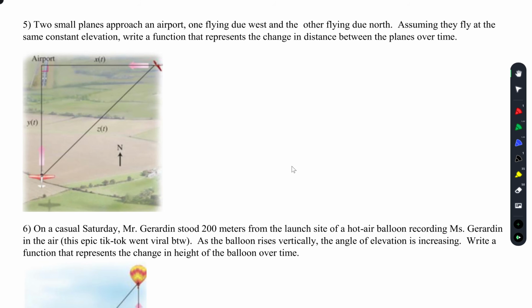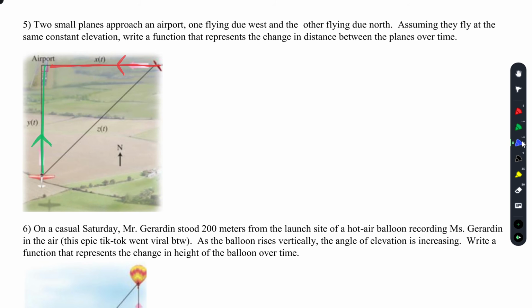What's happening, it's hard to see on yours with the arrows. But notice that this plane is going this direction, and this plane is going this direction as well. So they're going to the airport.